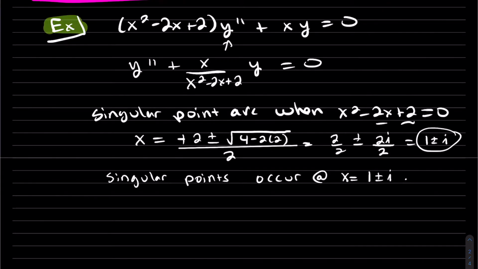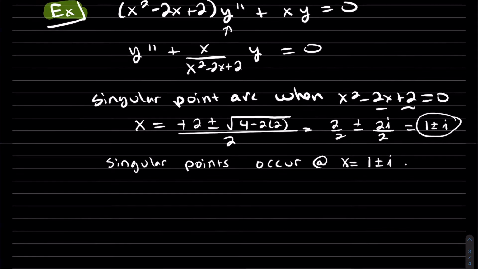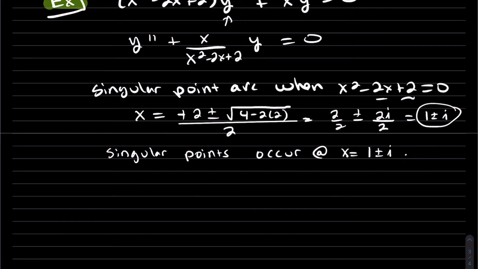We have 2 singular points, and to build a power series for this solution, we want to use the easiest center that we can possibly use.